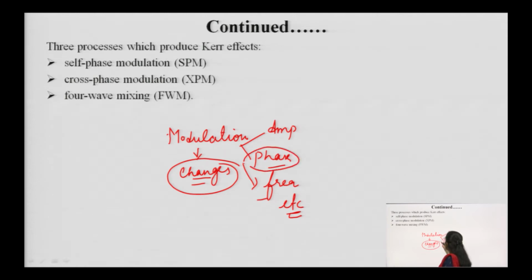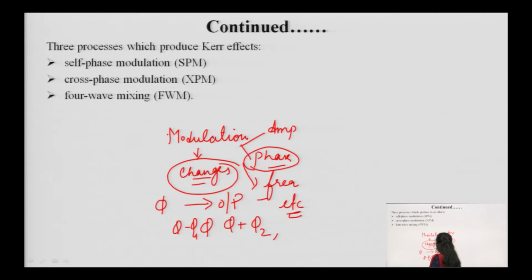When we are talking about phase modulation, if the initial phase is phi, then at the output we will have phi plus phi 1, or phi minus phi 2.